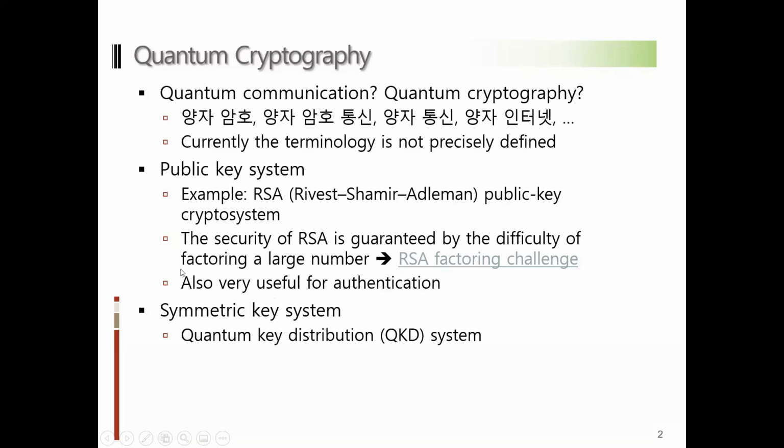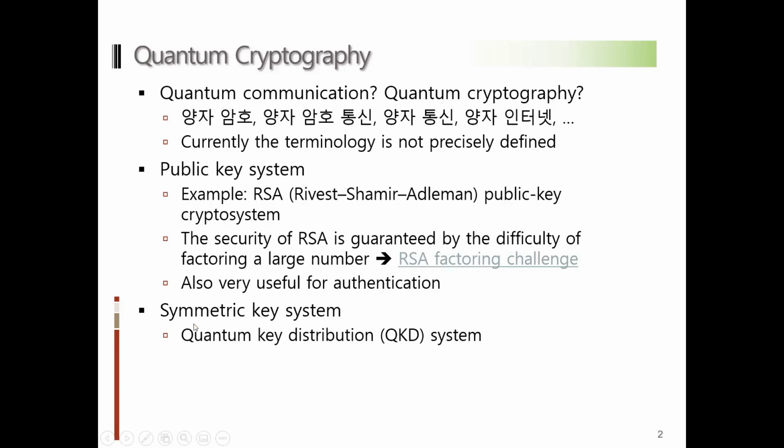Another advantage of the public key system compared to the symmetric key system is that it can also be used for authentication. Authentication is different from the transmission of a secret, because authentication is to prove that you are you, meaning how can you check your identity?